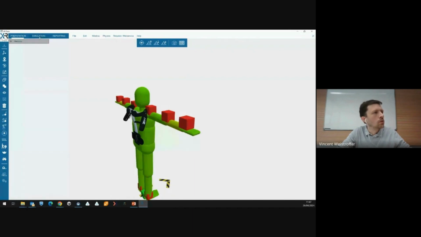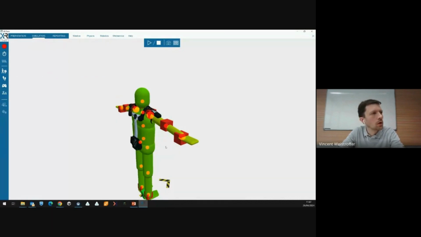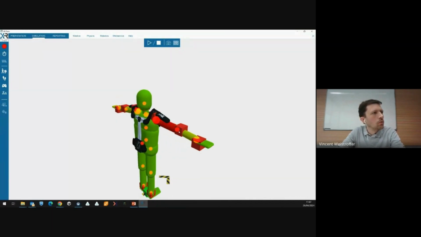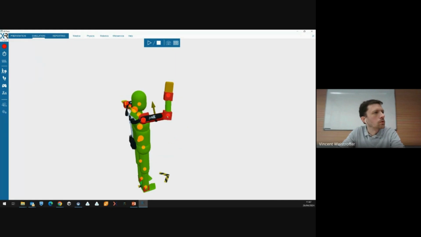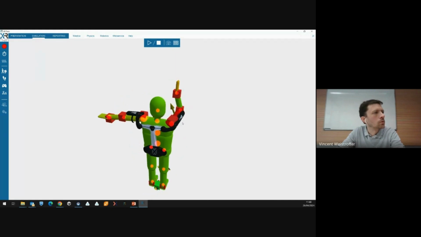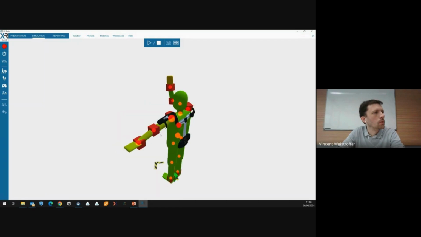Okay, the mannequin goes into standard T posture. I will move my mannequin into posture to show you. Okay, let's do it like that. I'm also moving the left arm.